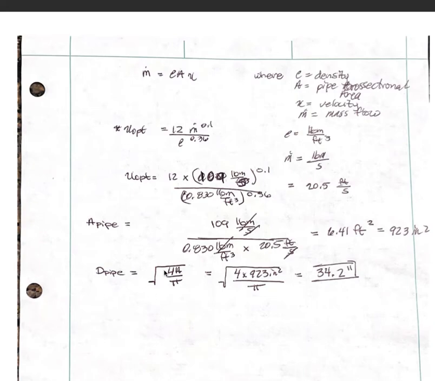Now let's find the diameter of the pipe. We can find the diameter of the pipe by the square root of 4A divided by pi. I'm just assuming y'all know all this, but if you don't, look it up. So doing that, plug and chug, we come out to be a 34.2 inch diameter pipe.